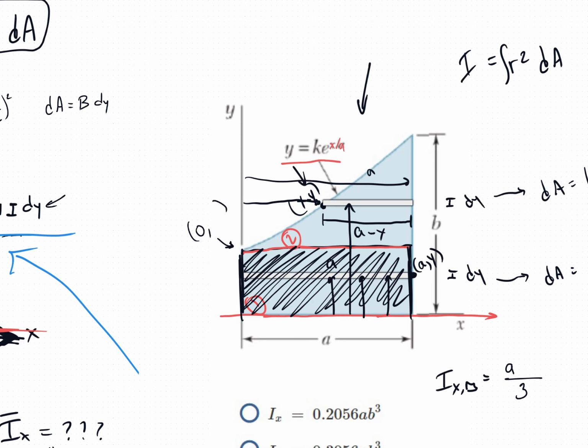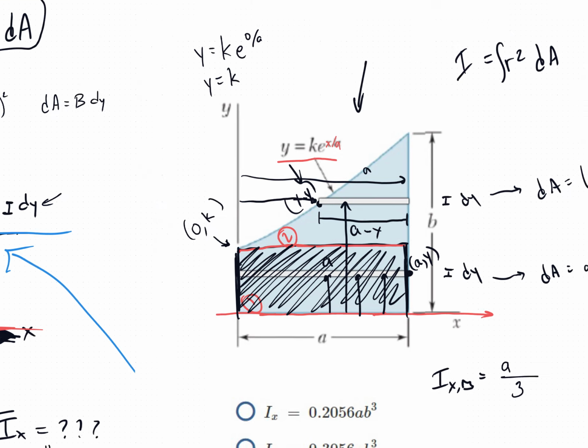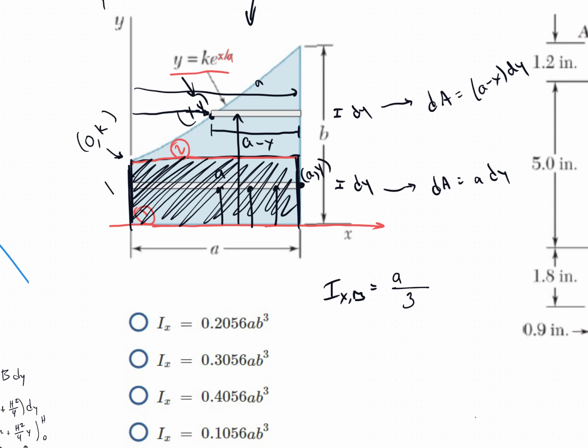So I'm going to take this equation, y equals k e to the x over a, with 0 over a. Anything raised to the 0th power is 1, so y equals k. So this is k. That is the height right here of our rectangle, so we get a k cubed over 3. So this is half of our problem.